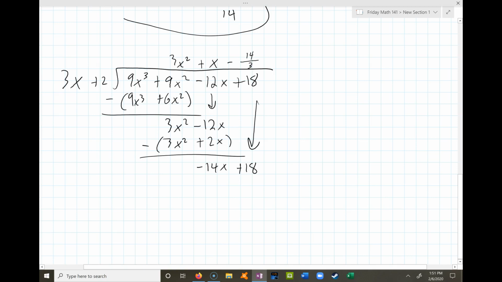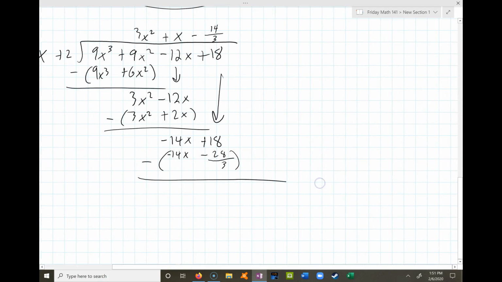So negative 14 over 3 times 3x would be negative 14x. And negative 14 over 3 times 2 would be negative 28 over 3. And negative 14x minus negative 14x is 0.